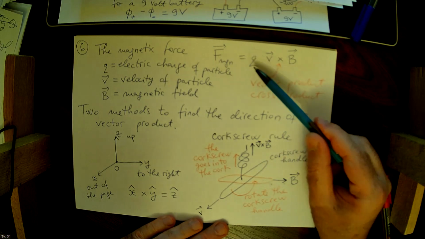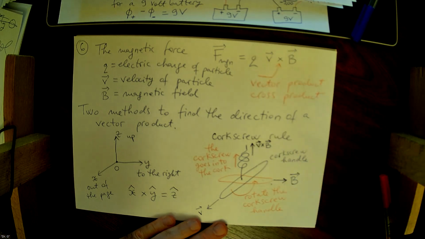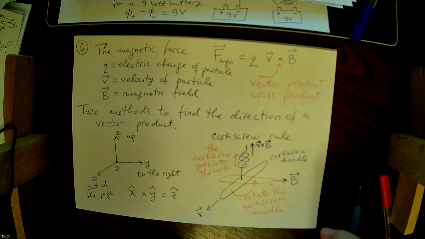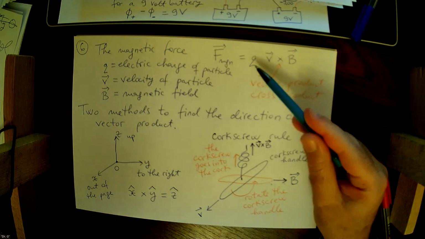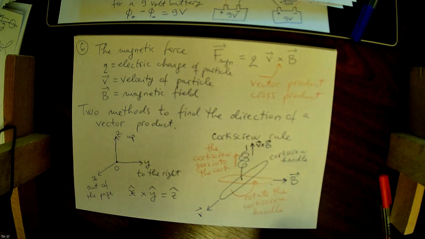If the electric charge is positive, that's the direction of the magnetic force. If the electric charge is negative, the magnetic force points the other way.